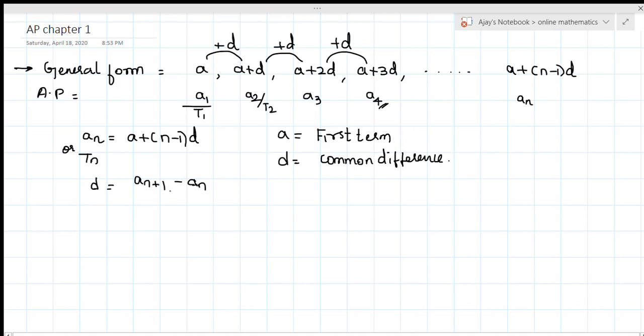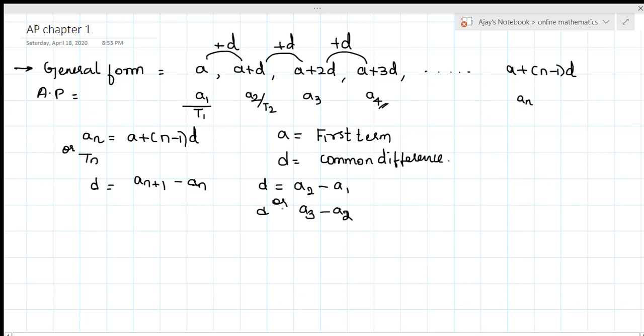If you take the difference an plus 1 minus an, then I can find d. As an example, to find d, I can use a2 minus a1, or even a3 minus a2. Use whichever is convenient according to the given problem.